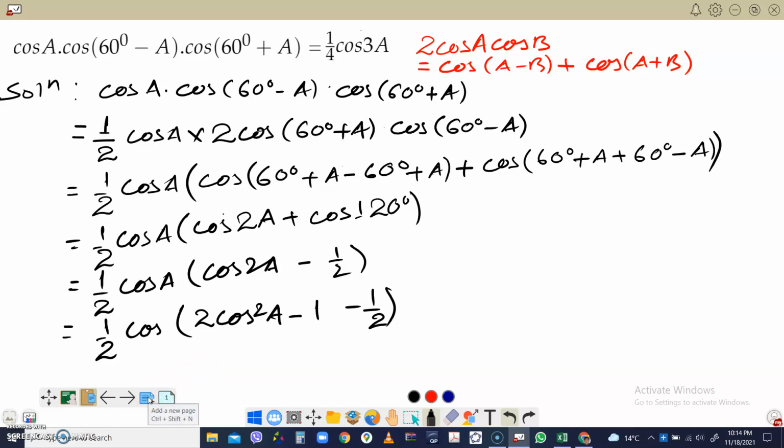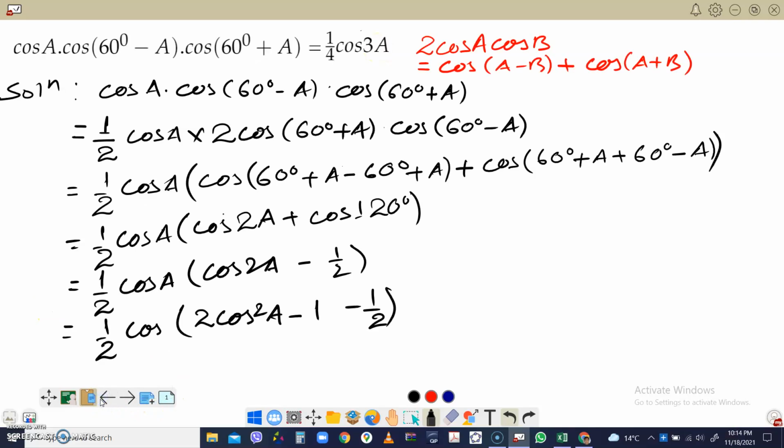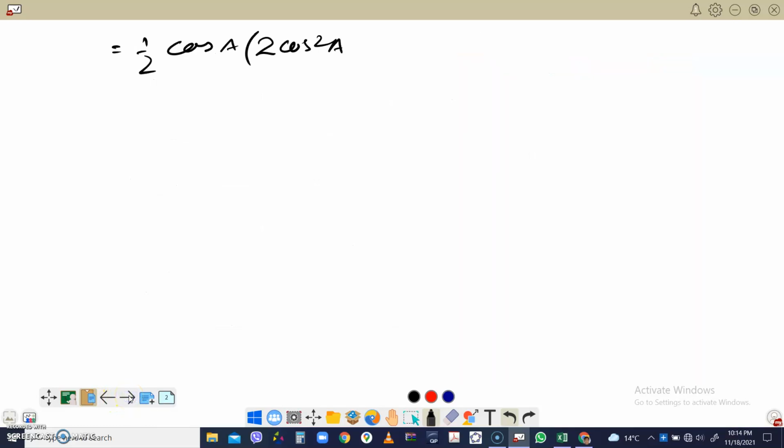So I'll just take a new page for that. We are having here half cos A, 2 cos square A, and now there was minus 1 and minus 1 by 2. On simplification that gives us minus 3 by 2.